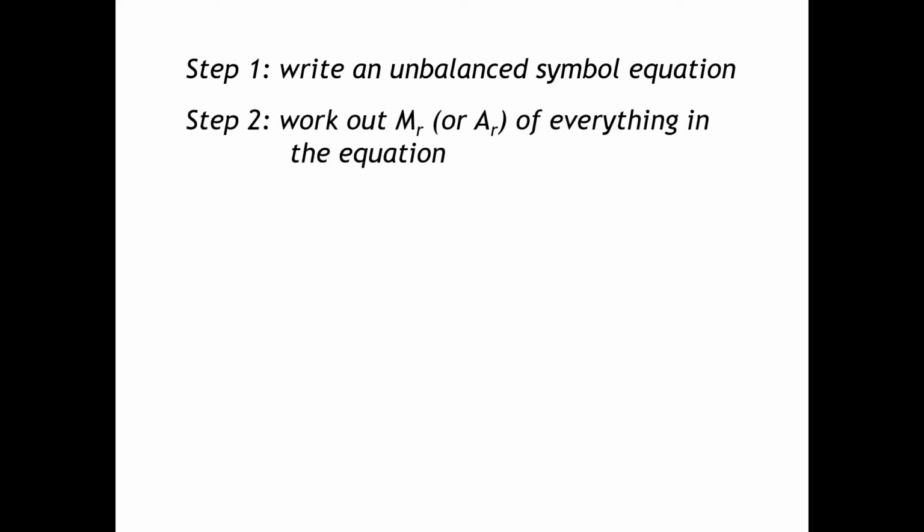What are the steps then? Again, as I go through these, if at any time you want to write these down and pause the video as we're going, please do that. The first step is to write an unbalanced symbol equation. Work out the molecular mass, the formula mass, or the atomic mass of everything in the equation.